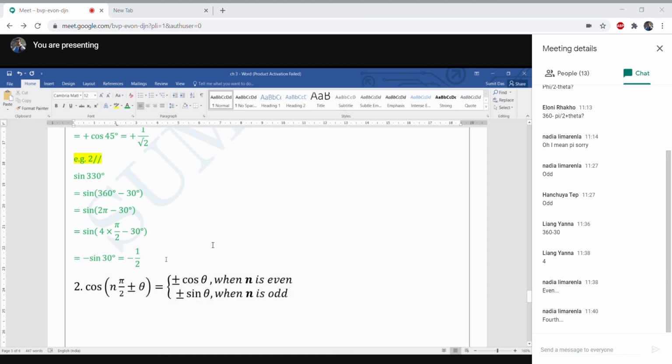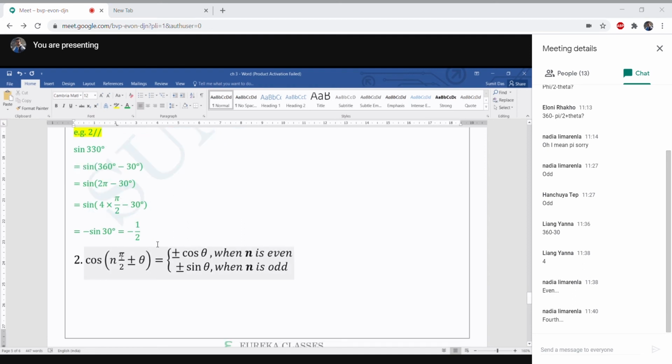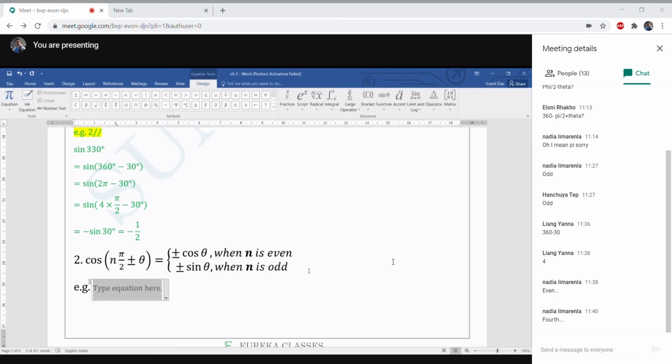Am I clear? Next I'm quickly going to the second part, where it shows that cos of n pi by 2 plus minus theta equals cos theta when n is even and sin theta when n is odd. For this one I'm giving one example to do by yourself. Try this one now. I'm giving you 5 to 6 minutes.